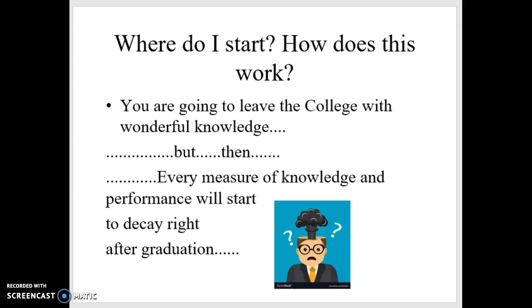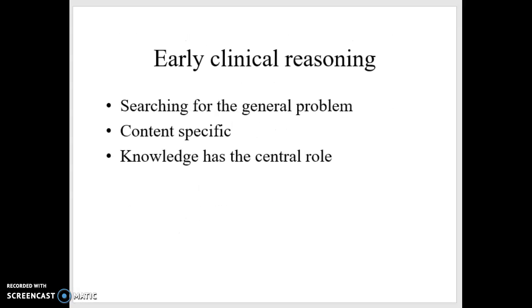Now, that being said, you're thinking, oh, I'm going to start as a novice. You tell me I'm going to be an expert, but this doesn't sound like I'm going to be an expert because I'm just going to graduate and all the knowledge and performance that I have developed is going to start to decay. Well, there's some good news, and that is that you will still have your early clinical reasoning skills.